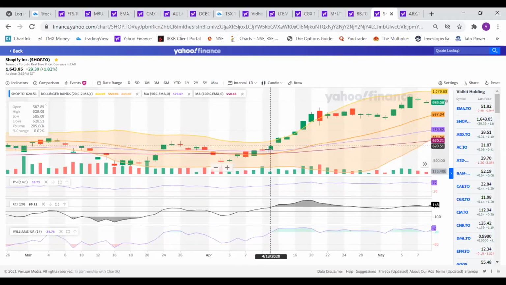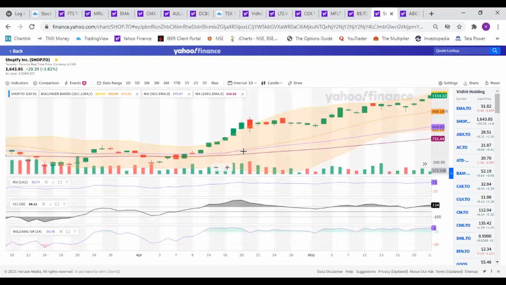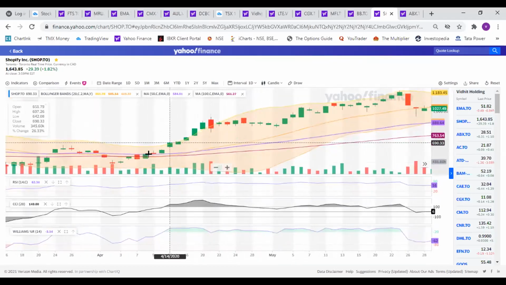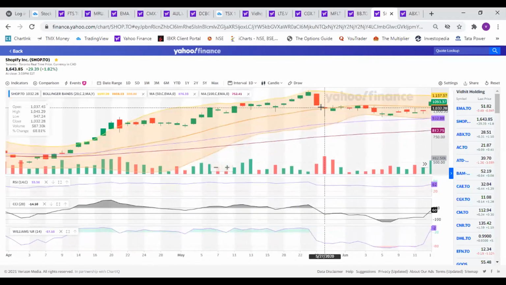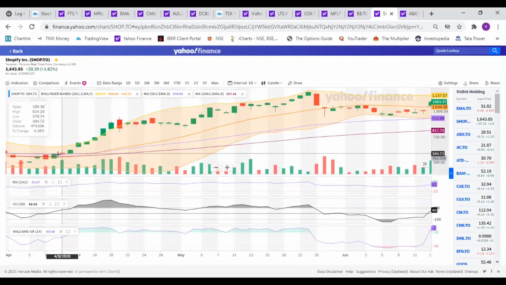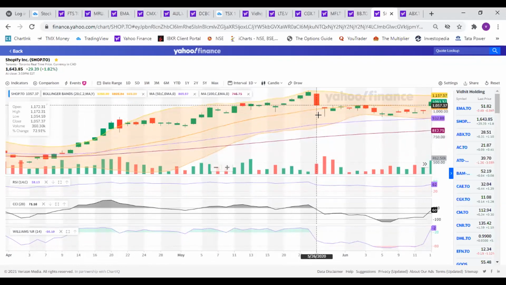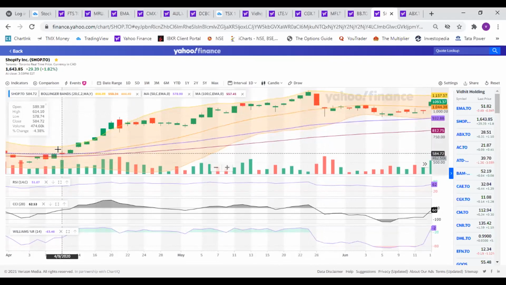Yeah, April 13. Now on a day chart also, if I'm looking at it, where do I enter my mid Bollinger from? At 620 my entry point, I still come in over here only first time on May 27th. So my entry was on 4th of April. My exit was on 27th of May at 1032 on a day chart.